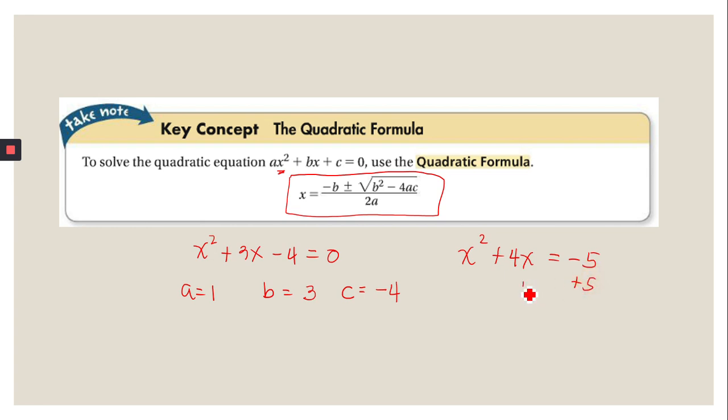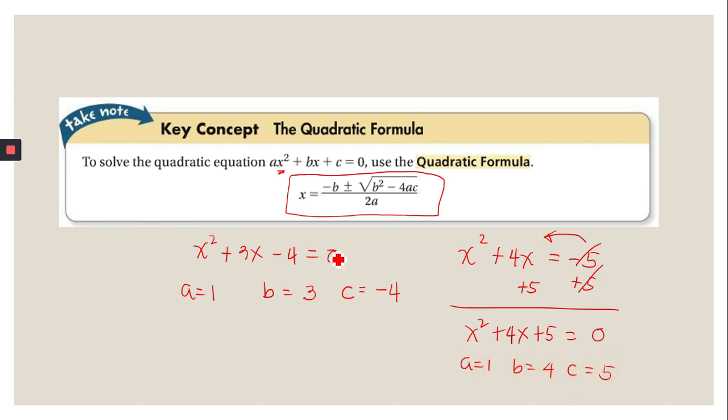So x squared plus 4x plus 5 equals 0. Or you can simply move the negative 5 to the left side and change the sign. So your a is 1, your b is 4, and your c is 5.